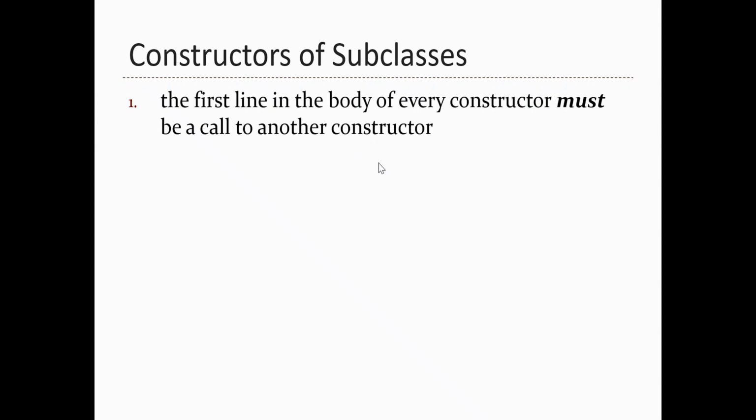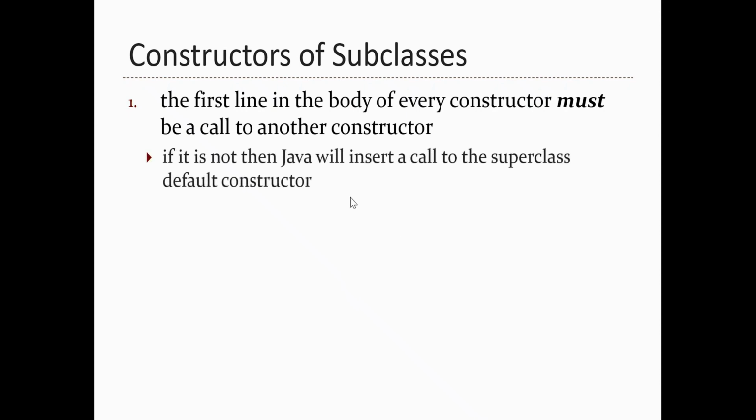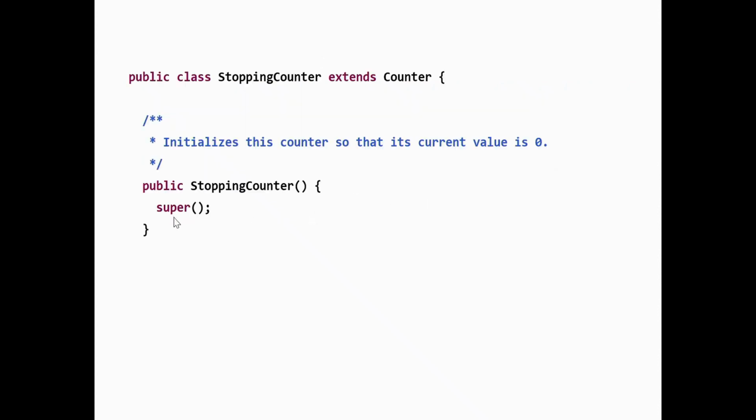So as soon as you write your stopping counter constructor, the first line is supposed to be the call to another constructor of some kind. If it's not, then Java inserts a call to the superclass default or no argument constructor for you. So if you don't put a call to the superclass constructor or another stopping counter constructor, the compiler automatically inserts that for you.